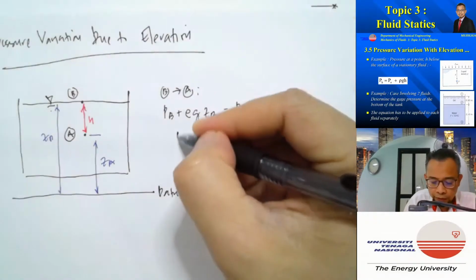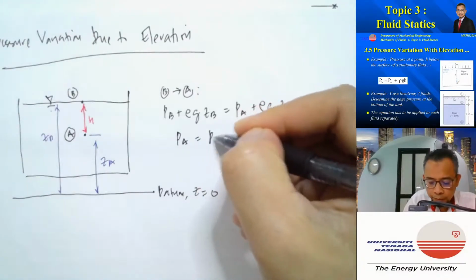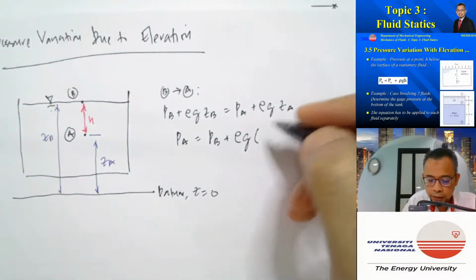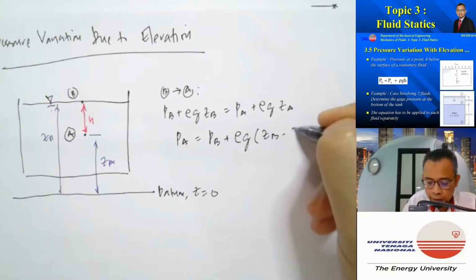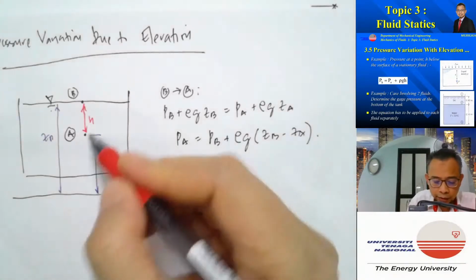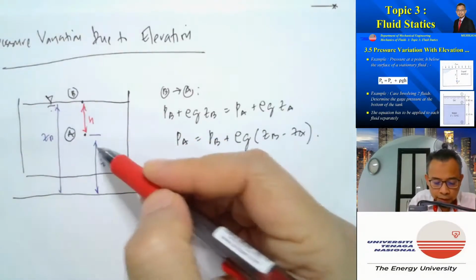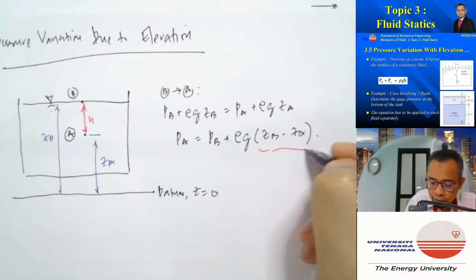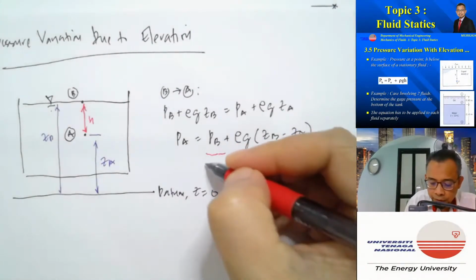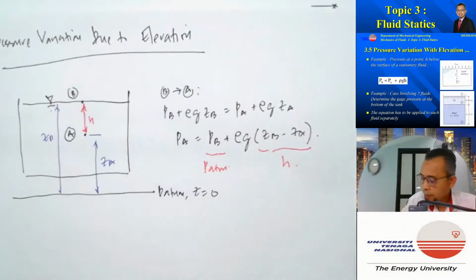So I get the value of PA is equal to PB plus rho g (ZB minus ZA). But ZB minus ZA is equal to H, and PB is actually equal to Patm.